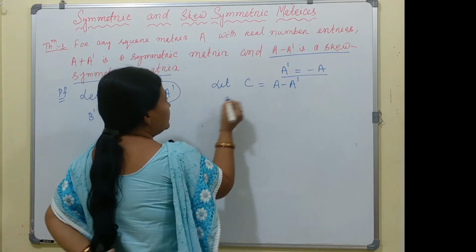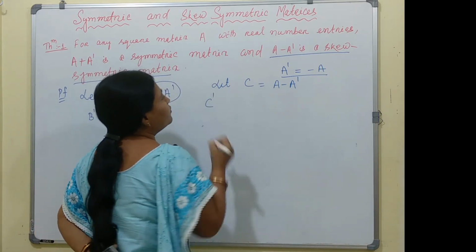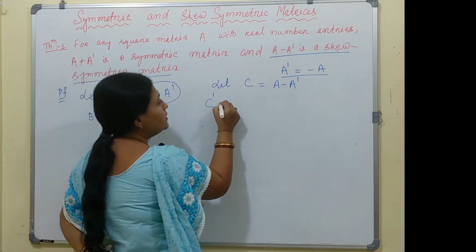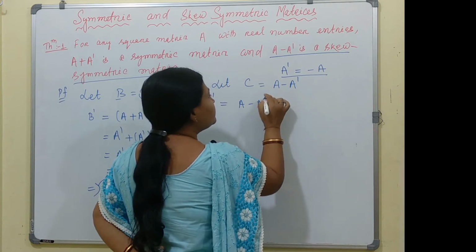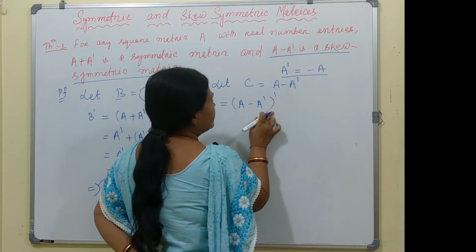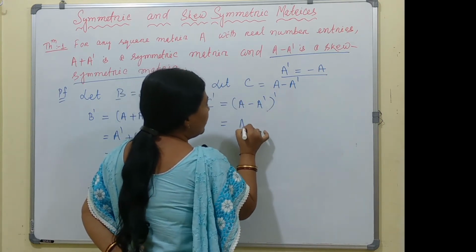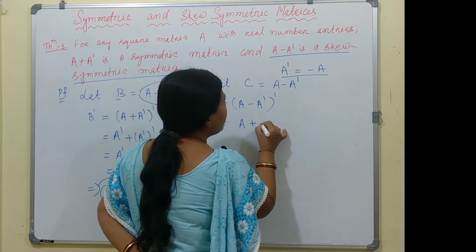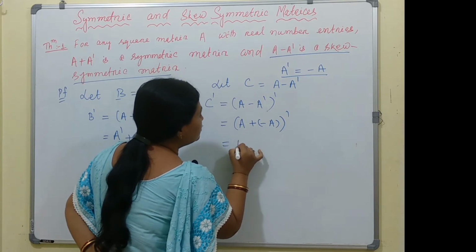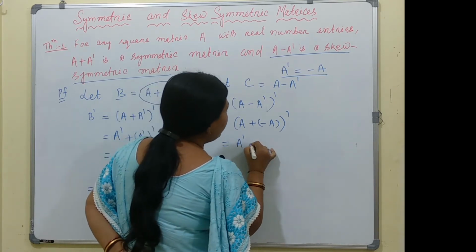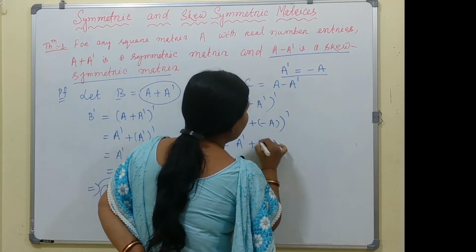So let us find the value of C dash. C dash is equal to A minus A dash of whole dash. That is equal to A plus minus A dash whole dash. That is equal to A dash plus minus A dash whole dash.